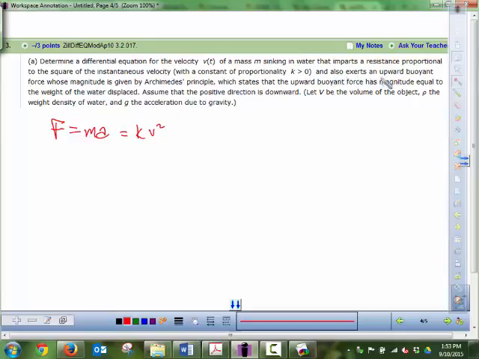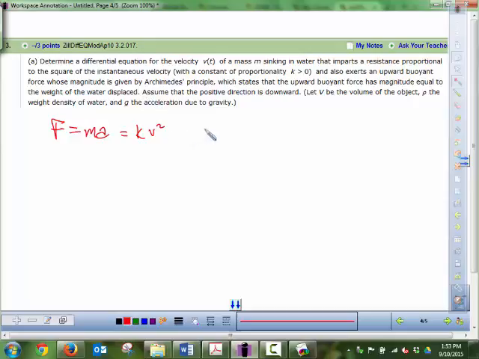and also exerts an upward buoyant force whose magnitude is given by Archimedes' principle, which states that the upward buoyant force has a magnitude equal to the weight of the water displaced.